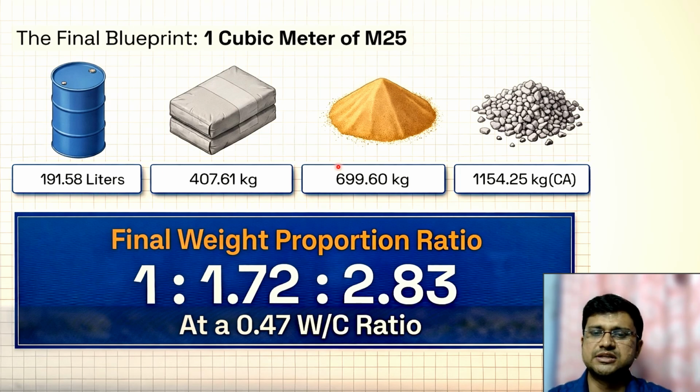If we divide the weight of fine aggregate by 407.61 kg, the weight of cement, we will get the value of 1.72. And if we divide the weight of coarse aggregate by the weight of cement, we will get the value of 2.83. So the final ratio will be 1:1.72:2.83. And water cement ratio is the weight of water by weight of cement, and it is 0.47 for our particular mix.